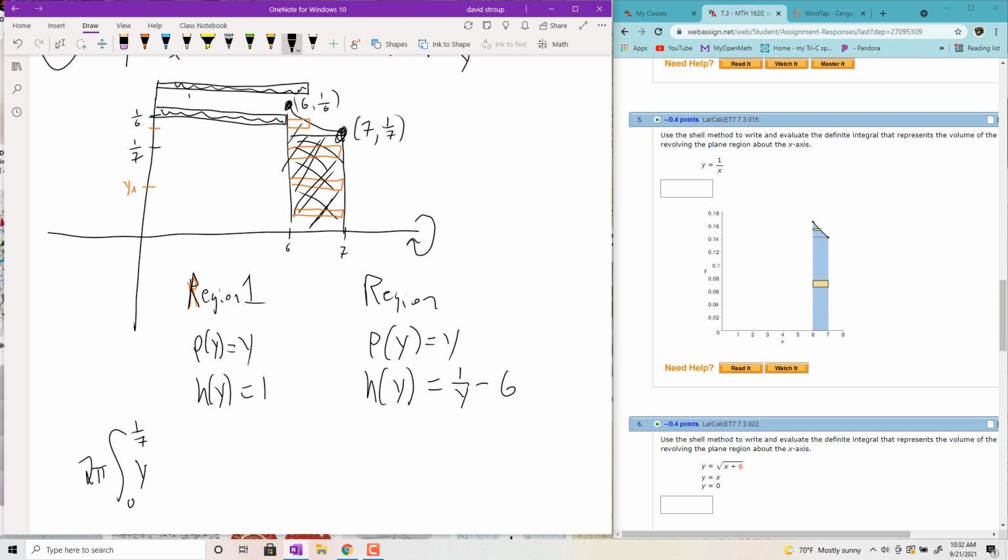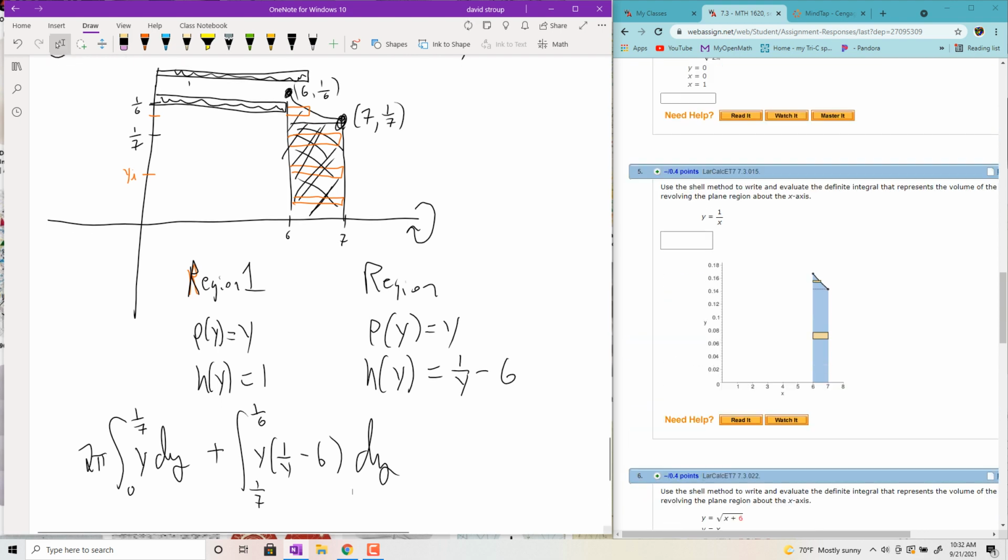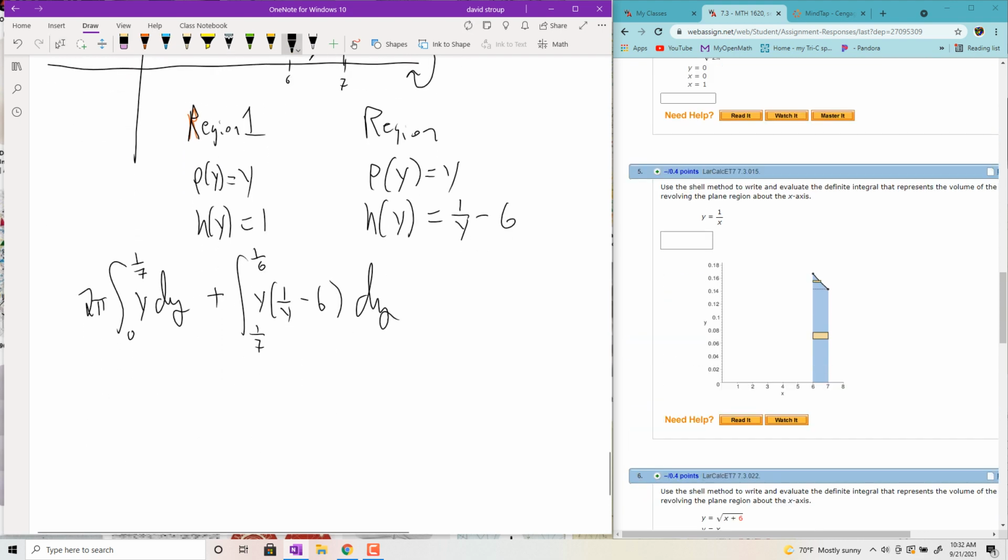2 pi y dy plus the integral from 1/7 to 1/6 of y times 1 over y minus 6 dy. Okay. And they're not asking for a decimal approximation, so you're going to have to get an exact answer. Lost my 2 pi there. So the first integral, 2 pi times y squared over 2.